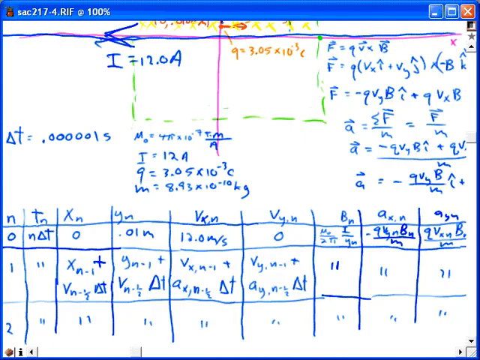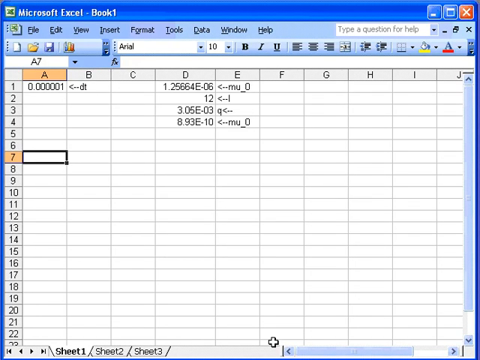But start copying these headers across. N, T, X, V, V, and then B before the A's. So N, T sub N, X sub N, Y sub N, Vx sub n, I'll call it V sub x sub n, but Vx sub n is good.